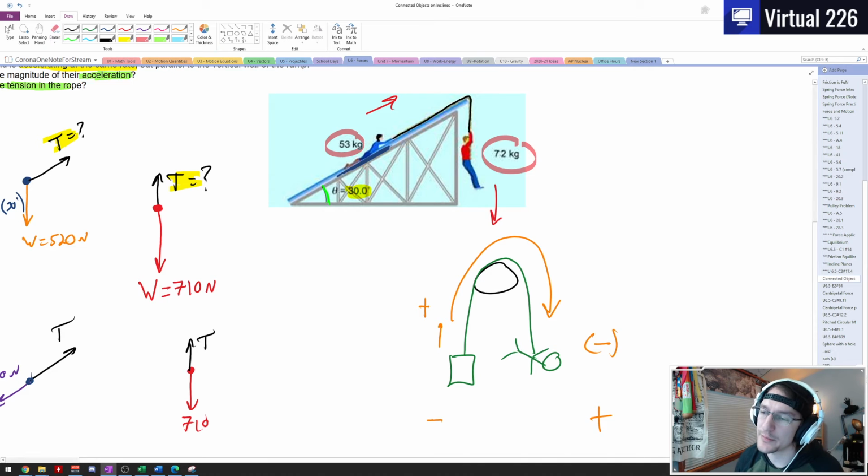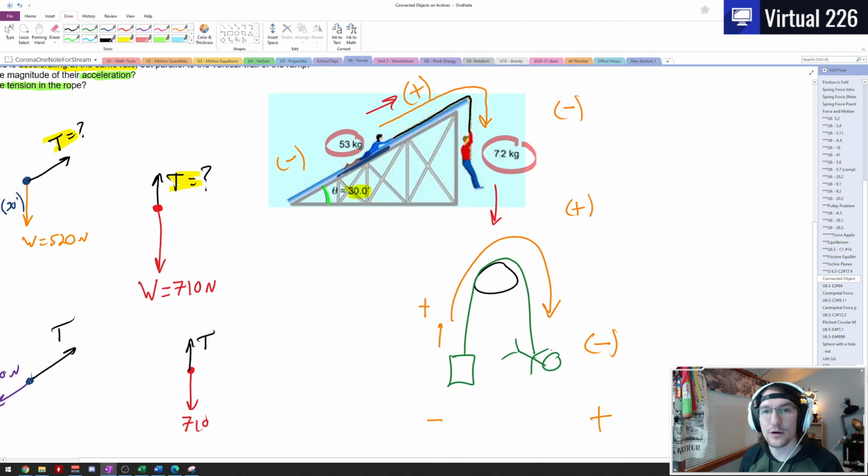And if we look at our problem here, we can think of Francis. She's going to be moving up the inclined plane, and then she's going to fall off the edge and go down. Which means that if we call up the plane positive, down the plane negative, when we go around the bend for Andre, down will be positive, and up for Andre will be negative.